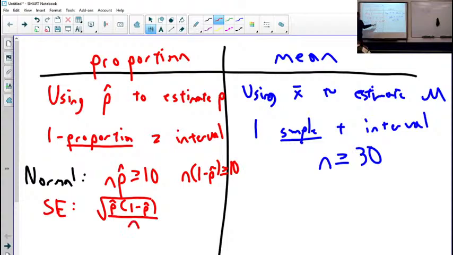That's a formula that's going to be on the formula sheet. It is given to you. You don't need to memorize it, but you need to associate it with proportions. Over here, the standard error is s sub x over square root of n.